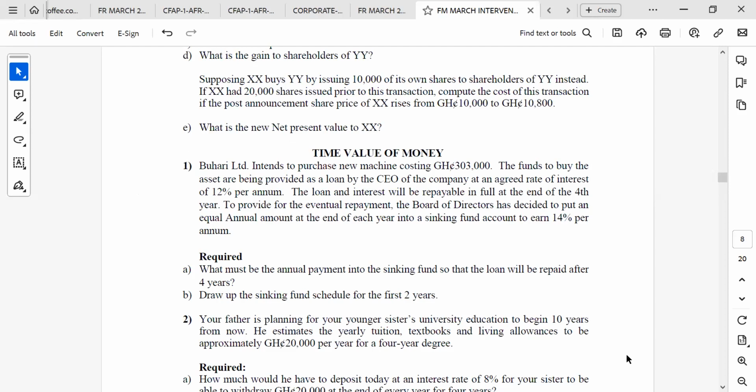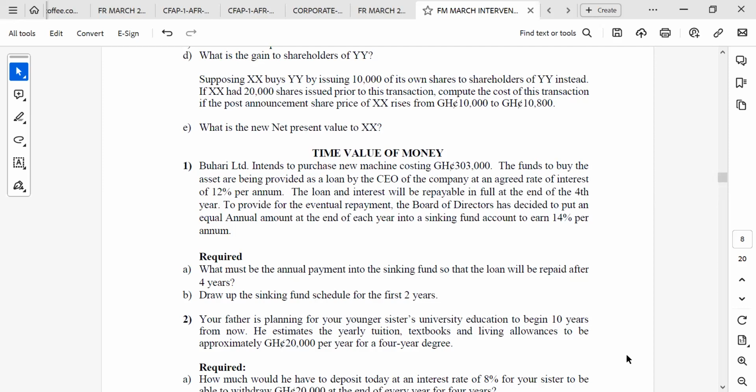The board of directors has decided to put an equal amount at the end of each year into the sinking fund account to earn 14% interest per annum. So how much should we be putting into the sinking fund every year at a rate of 14%, so that at the end of the 4 years, it will give you the 476 thousand, the amount that is supposed to be paid?